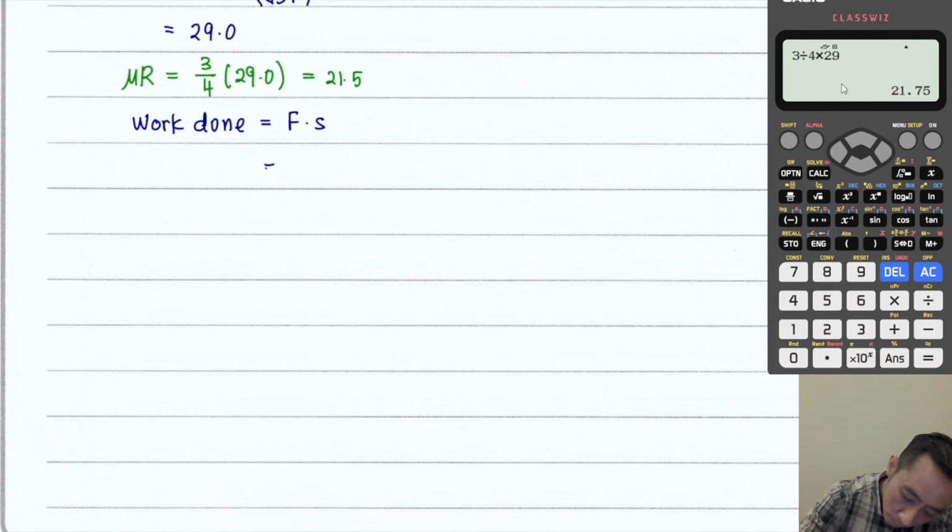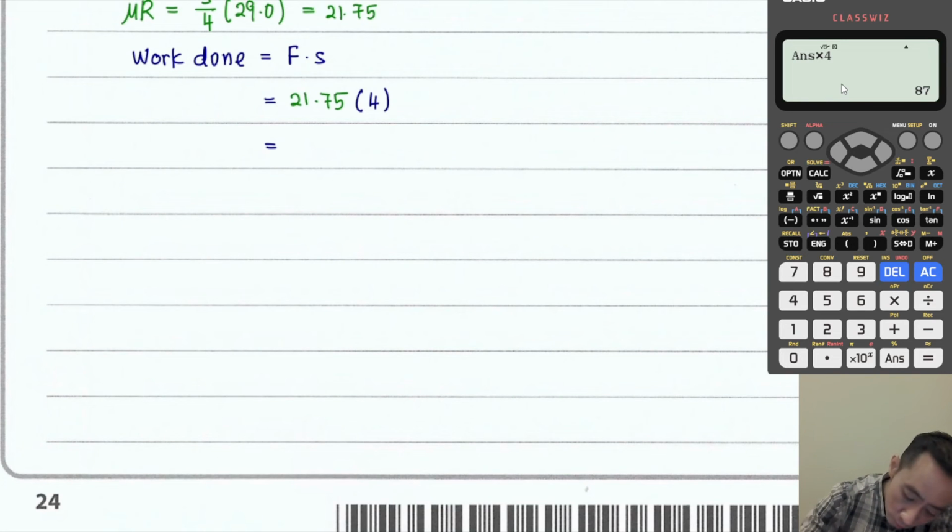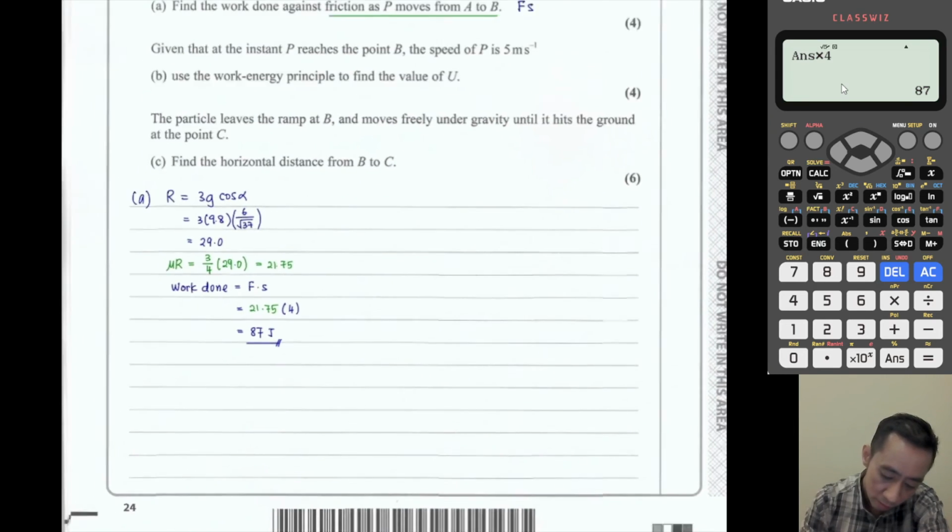So 21.75, sorry, I copied wrongly, 21.75, and then the distance is 4 meters, therefore 21.75 times 4, so here I have 87 joules. So this is for part A.